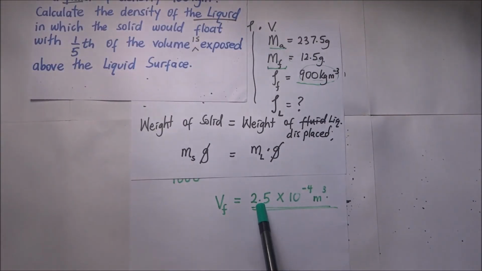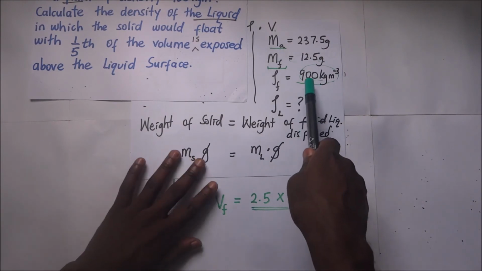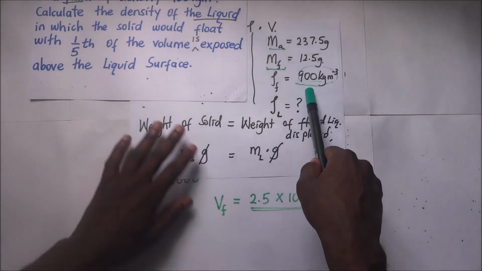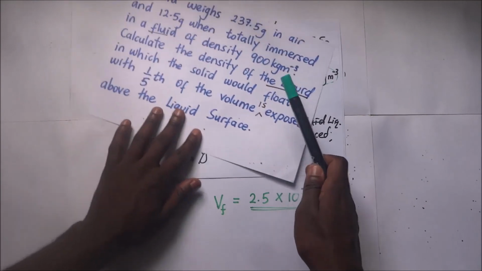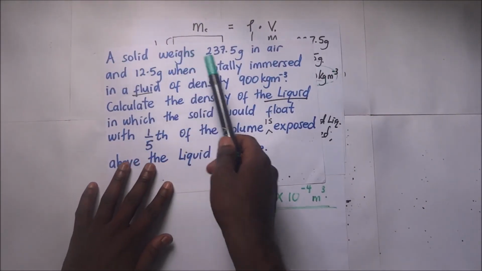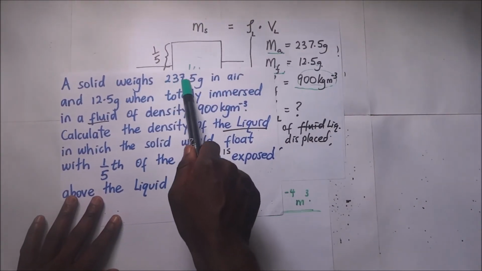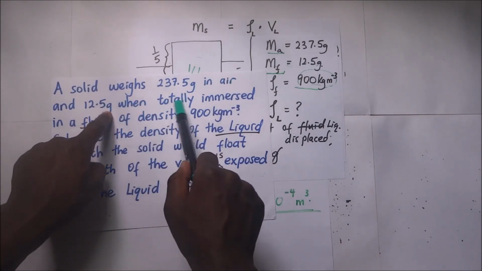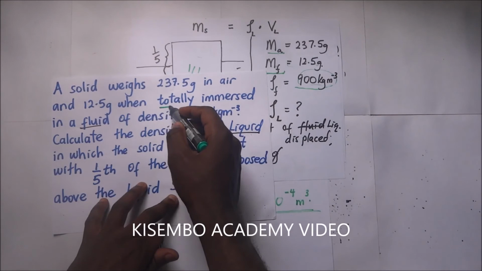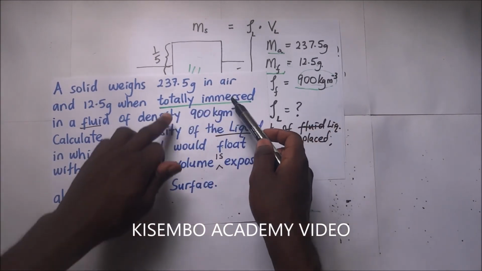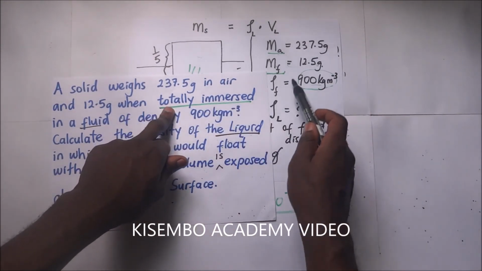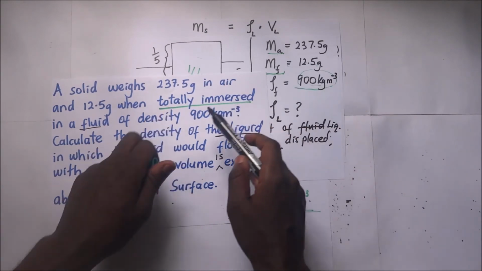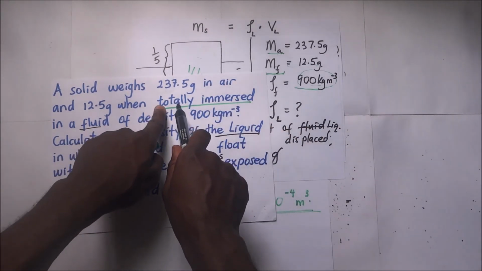But remember, when we talk of this being the fluid that was displaced, this fluid we are talking about of 900 kilograms per meter cubed, the question tells us that a solid weighs 237.5 grams in air and 12.5 grams when totally immersed in a fluid. So by the time it was immersed in this fluid, the question says it had been totally immersed.